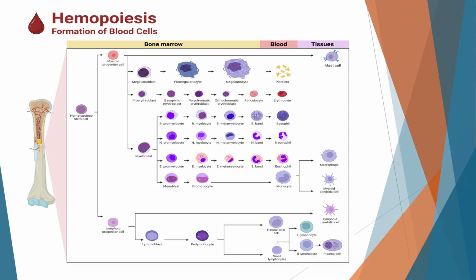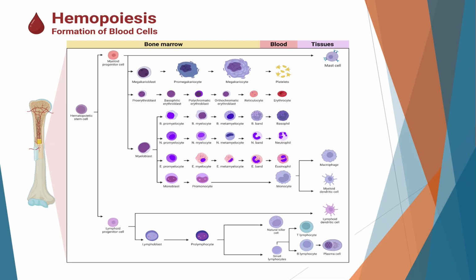Why this matters for histotechnologists? Well, because disease often represents arrested development, overproduction, abnormal maturation, or cells appearing where they shouldn't be. When pathologists say things like left shift, blast population, reactive lymphocytosis, they are referencing disruptions somewhere along this pathway.